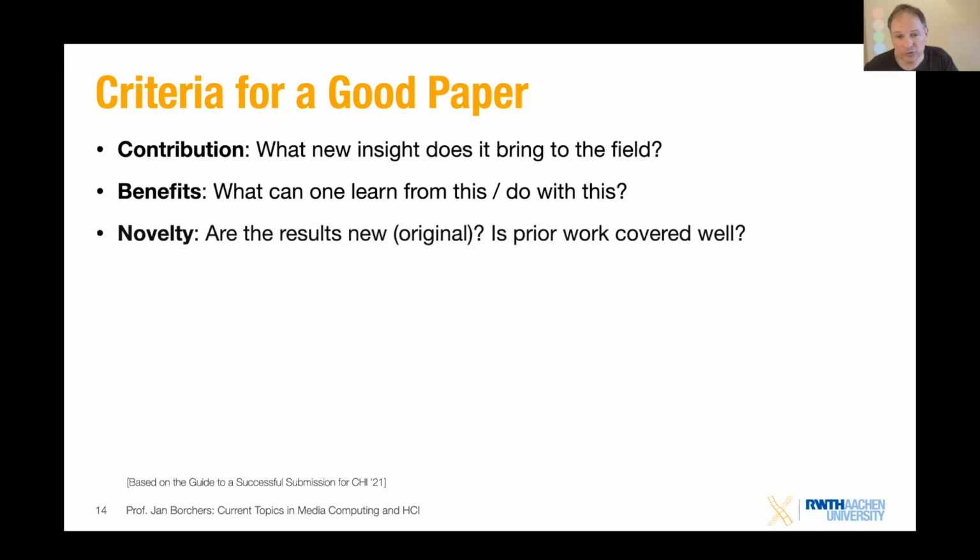And what I will do is usually I will check, are those papers also covered in the related work section of that submission, right? So I will check whether the author of the paper has actually included other related work that I know of, whether they've also included that in their own list of related work, and whether they discuss it.